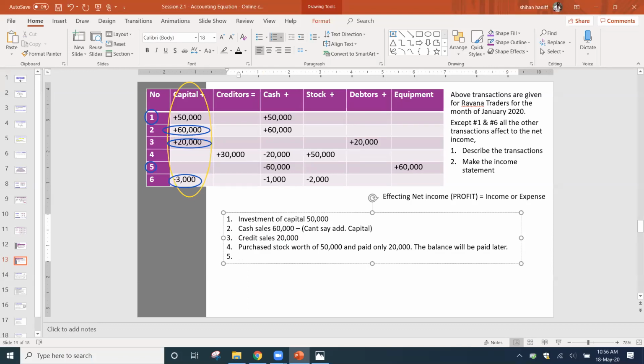And we have given cash. Fifth one, purchase of equipment 60,000.